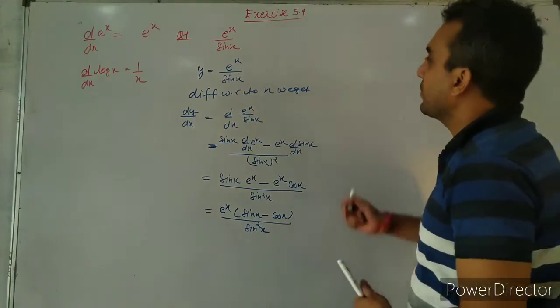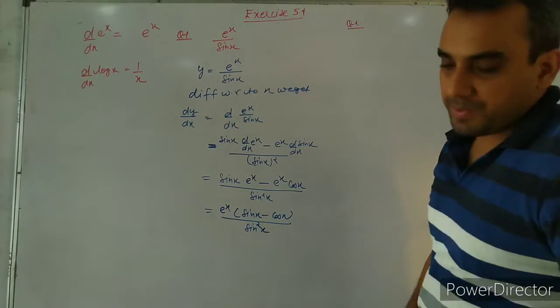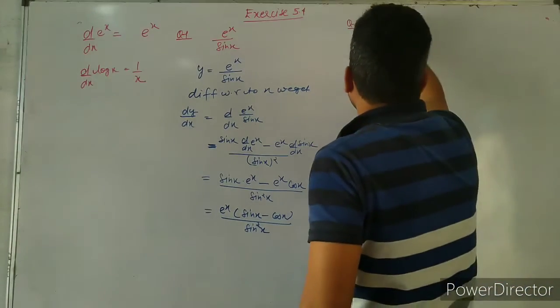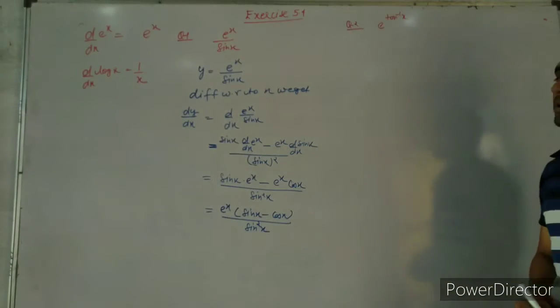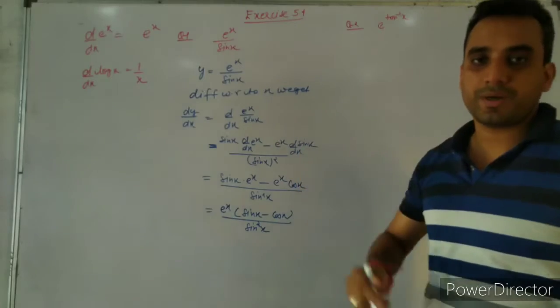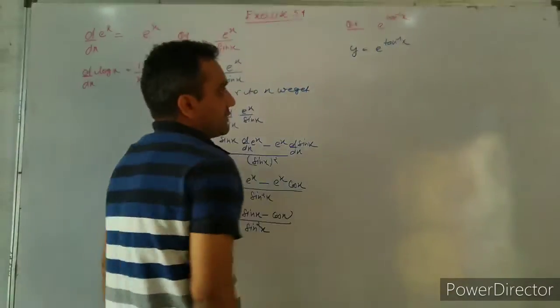Again, moving towards our question number 2, which is e to the power tan inverse x. Now again differentiating this with respect to x, or let y is equal to e to the power tan inverse x.